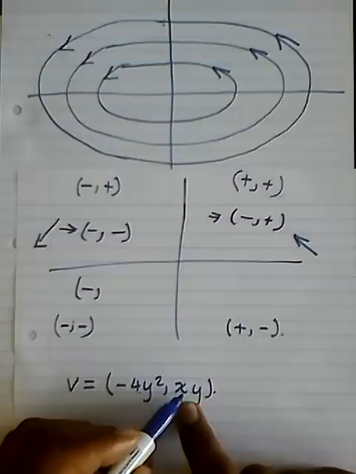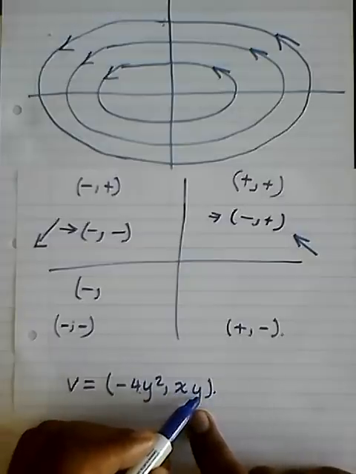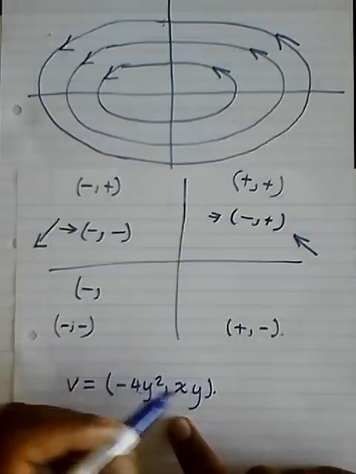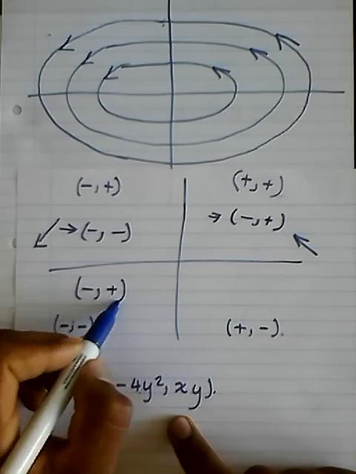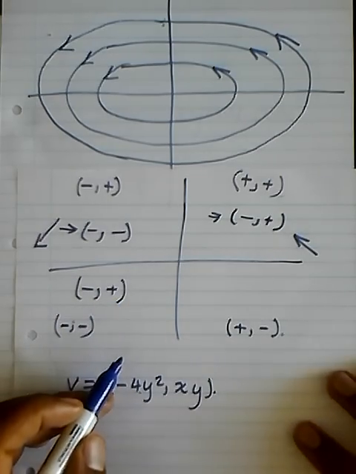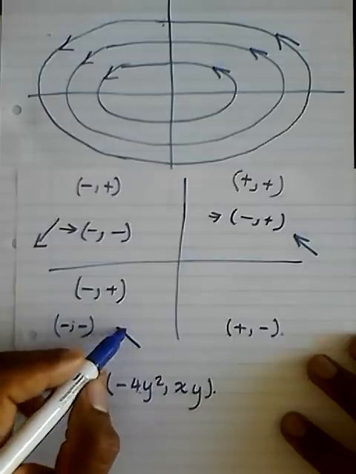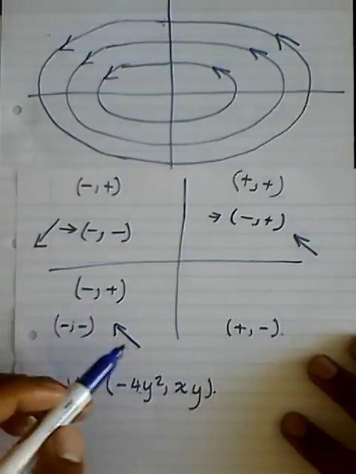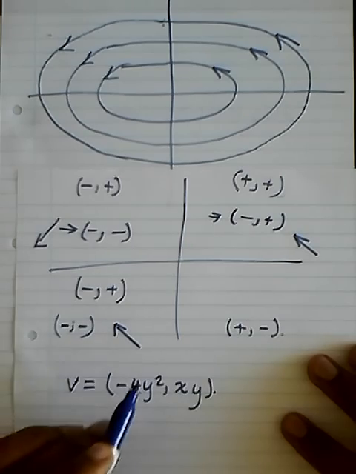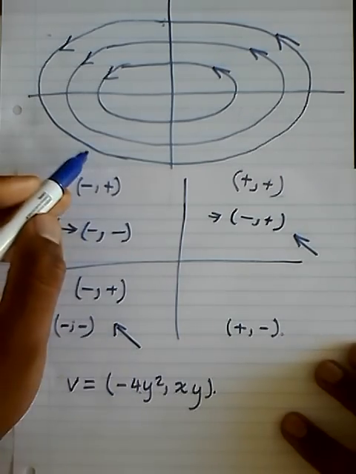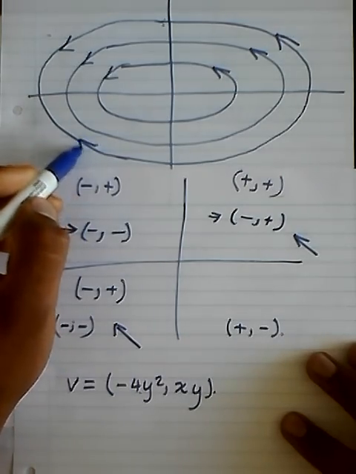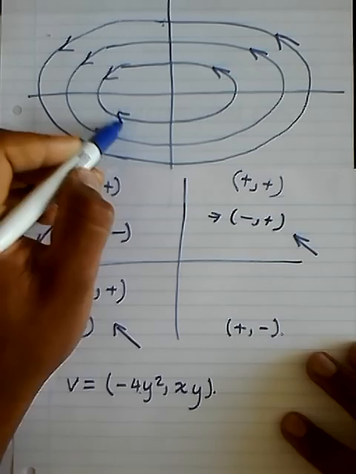And then x is negative, y is negative, we multiply them, we get a positive, so negative, positive. So with this we have something like up and to the left. So that means when you transfer this arrow onto our curve, we're going to have something like that.